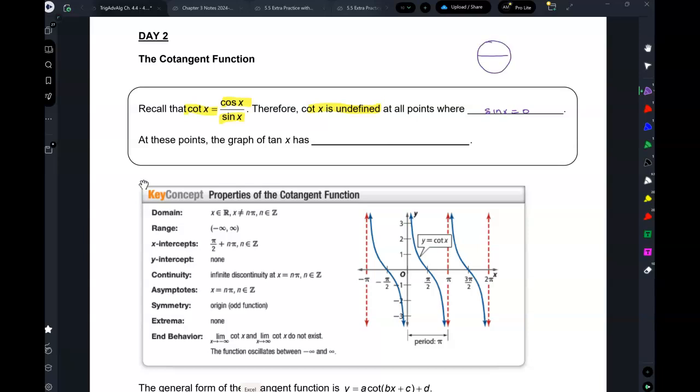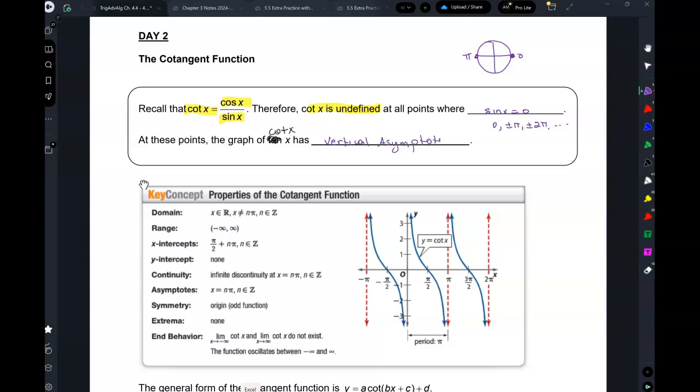And if we look on the unit circle, where is sine of x 0? 0 and pi and 2 pi and 3 pi and so on, right? So 0 plus or minus pi plus or minus 2 pi and so on. So at these points, oh, this is a typo. The graph of cotangent x has vertical asymptotes.